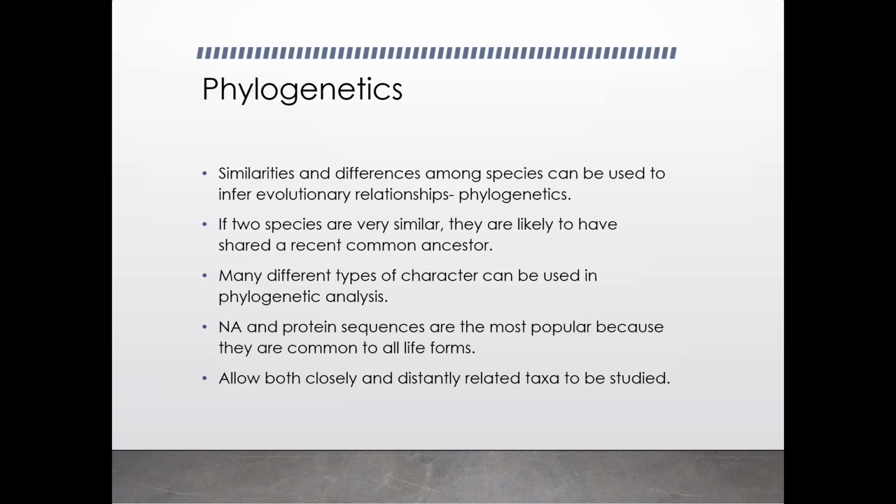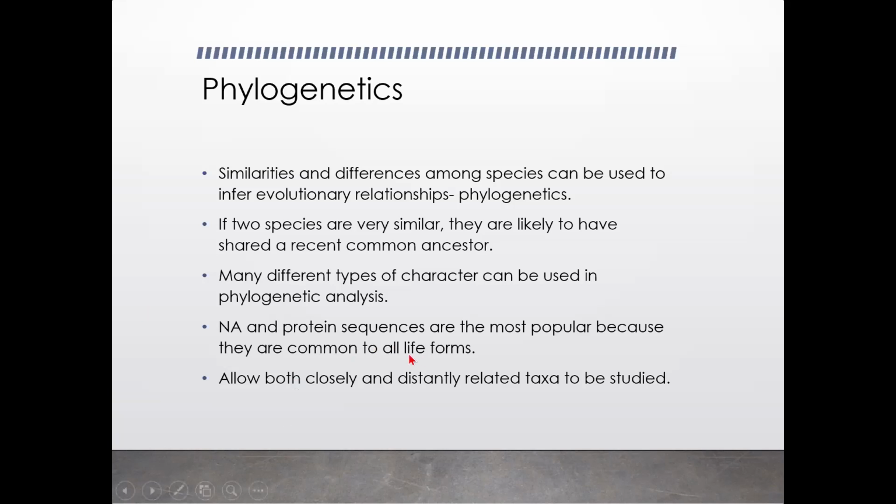For studying phylogenetics, different types of characters can be used. Nucleic acid and protein sequences are the most popular. Different types of characters can be used, like morphological characters, biochemical characters, or taxonomical characters. But nucleic acid and protein sequences are considered the most popular for studying phylogenetics because, as you know, they are common in all forms of life.